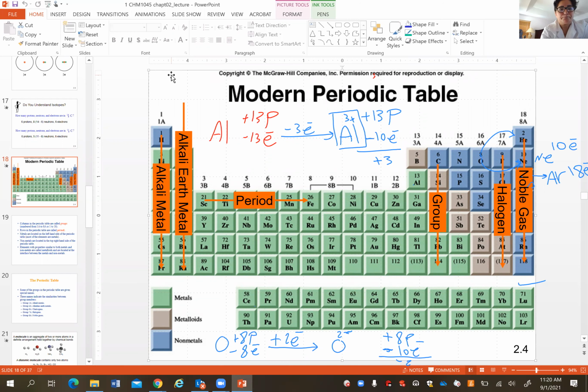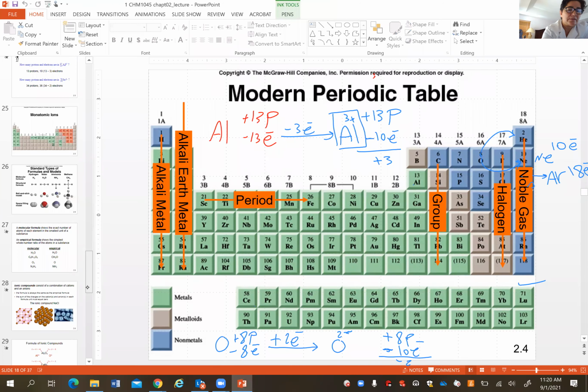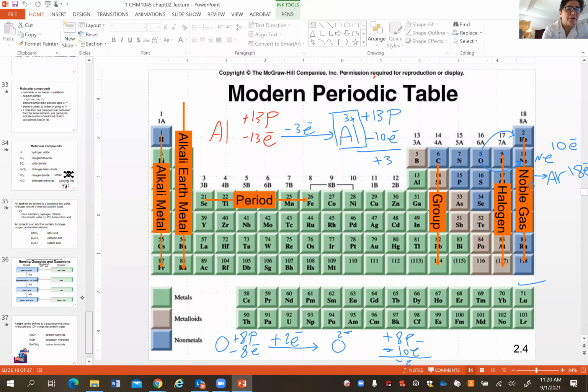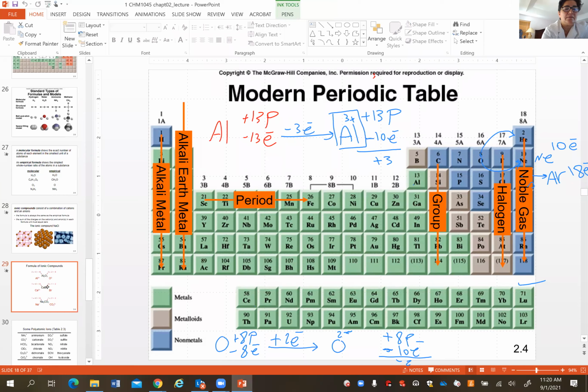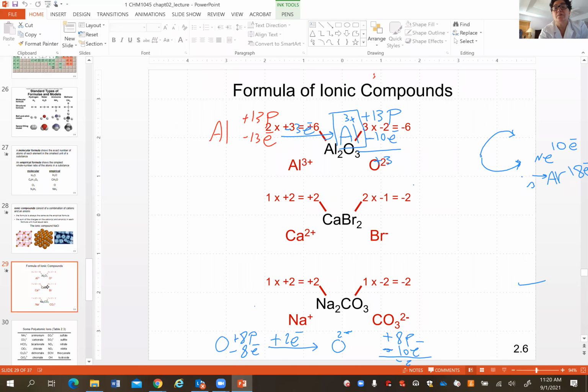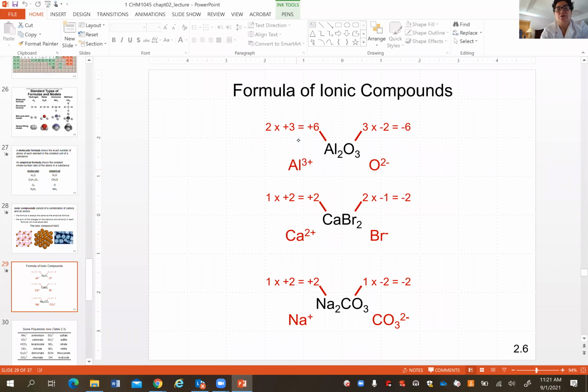So anyway, we are going to go to the slide that we were talking about, writing the formulas when you have the ions. So we know now why aluminum has a 3+ charge and oxygen has a 2 minus charge.